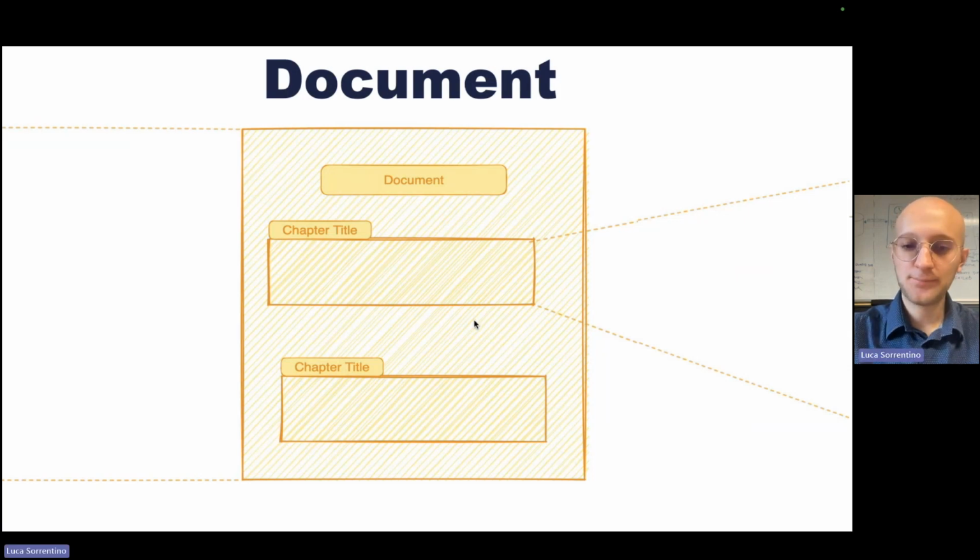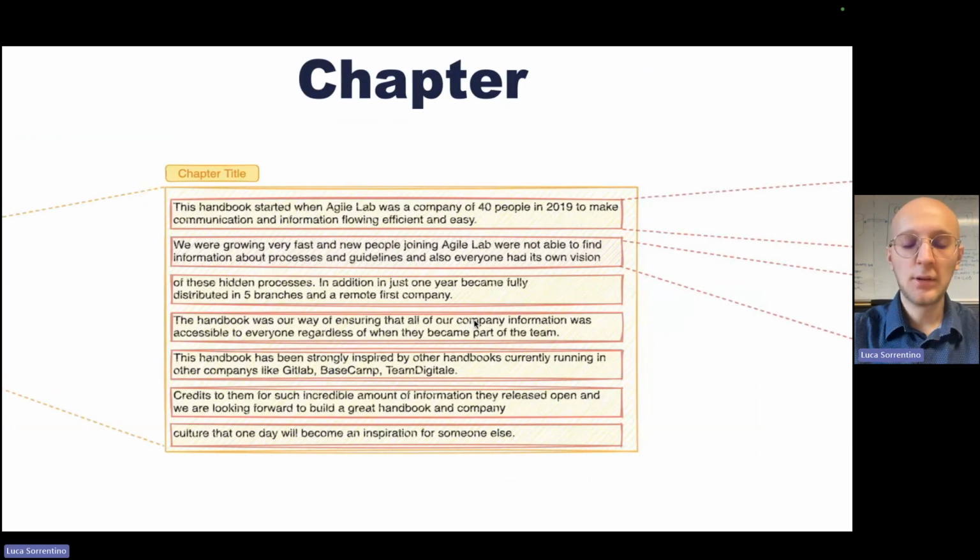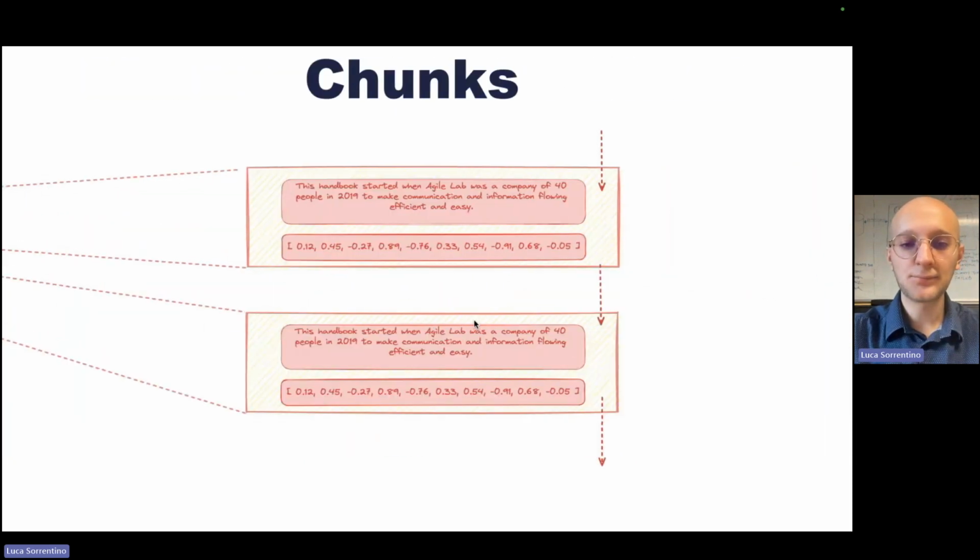Chapters are other entities with a link to the main document, a title and a text. The text is then split into chunks, and every chunk is a piece of a linked list. So every chunk contains a pointer to the previous and to the next one, a pointer to the main chapter, and a pointer to the document from which it is extracted.